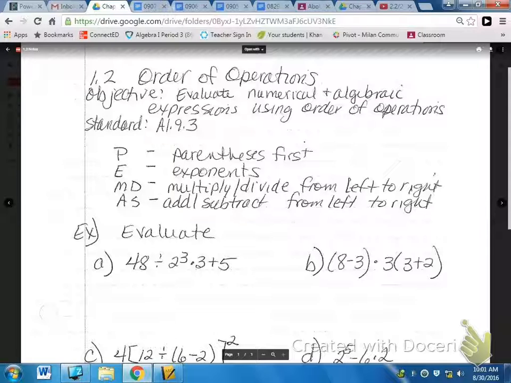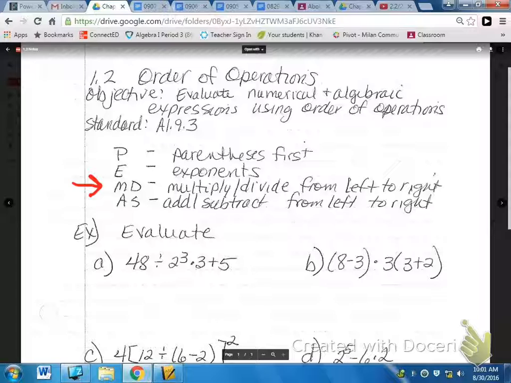So P: you always do the innermost parentheses first. You're going to get to the point where you have parentheses inside of parentheses. Always make sure you evaluate the innermost ones first. Then you apply all the exponents. And then this step, MD, is multiply, divide from left to right.